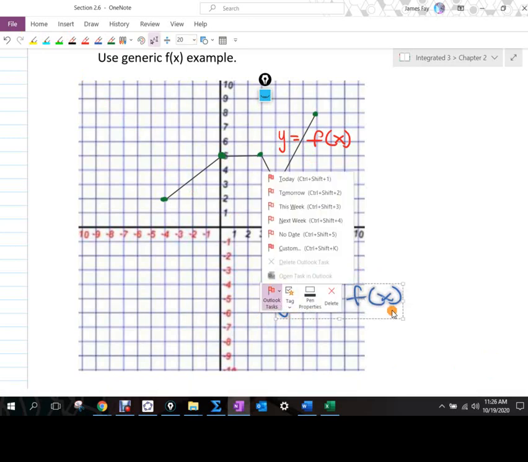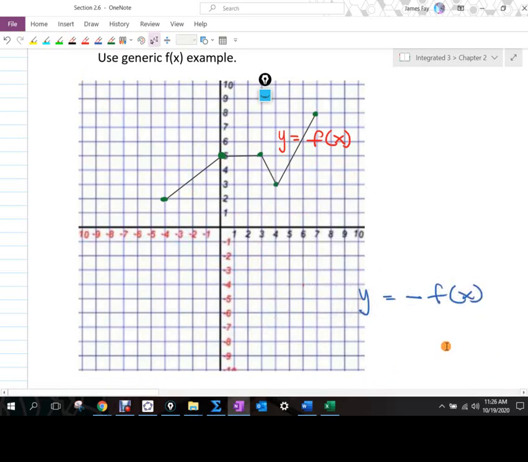Well, we should know that the rule is all it does is change the y value, right? So if this point here is -4, 2, what's it going to become? If it's -4, 2 on f of x, then it's -4, -2 down here. If this point is 0, 5, it's going to become 0, -5, right?